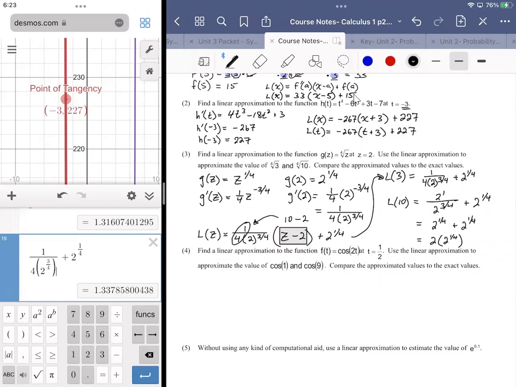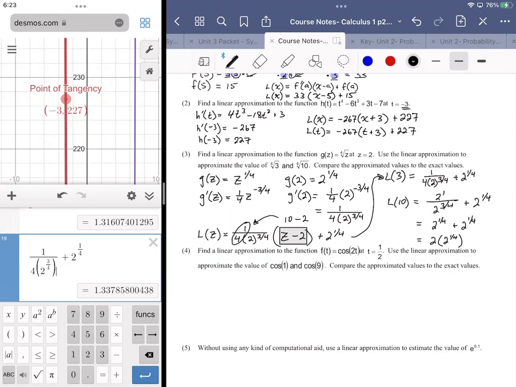So number 4, find a linear approximation to the function f of t equals cosine of 2t at t equals 1/2. All right, t equals 1/2 is a nice number because if I plug in a 1/2 for t, I get cosine of, actually, it wouldn't be a nice number.